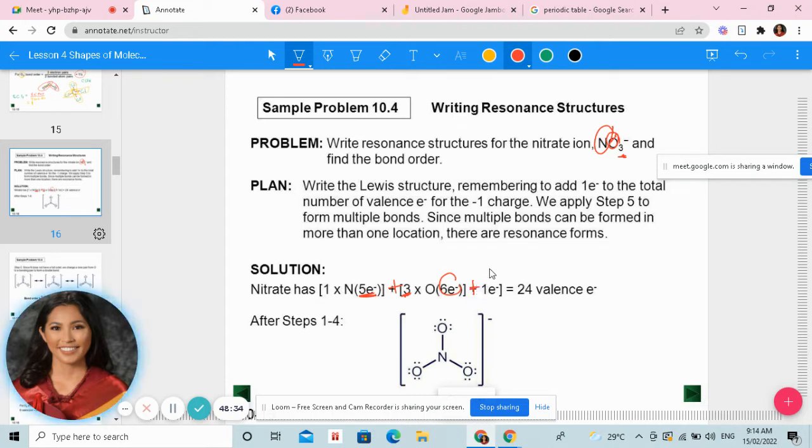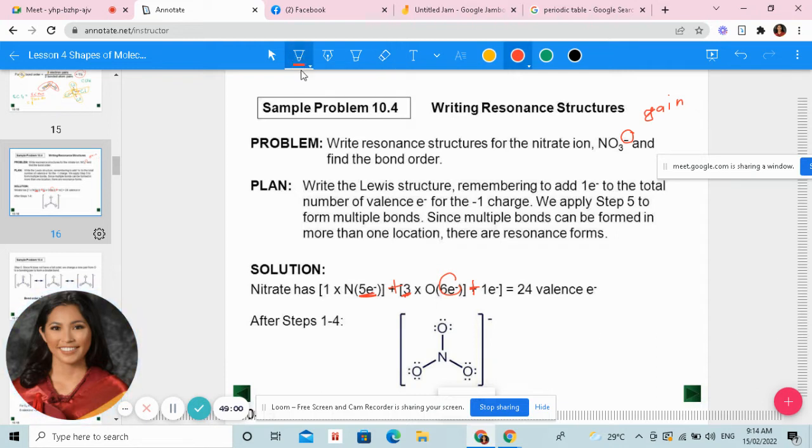Not yet. We will add, what about this one? The negative charge. What does negative charge mean? It means gain or lose? Gain. Okay, it has gained.